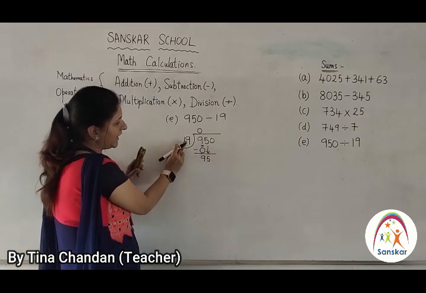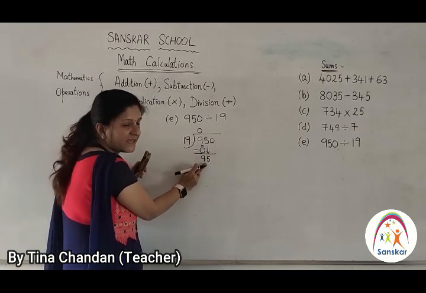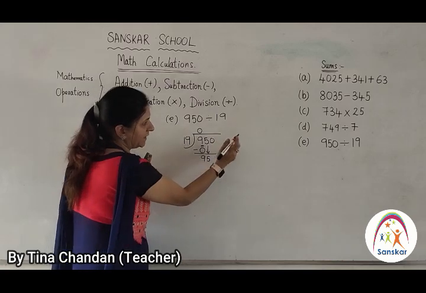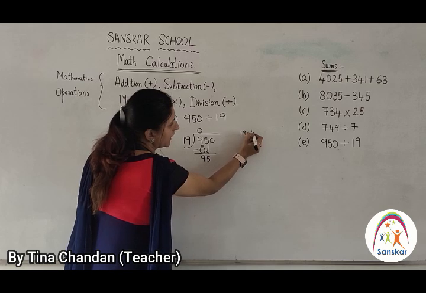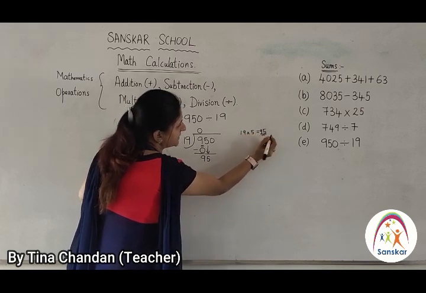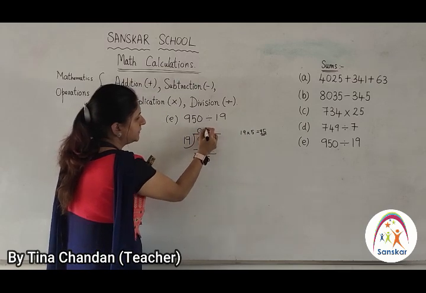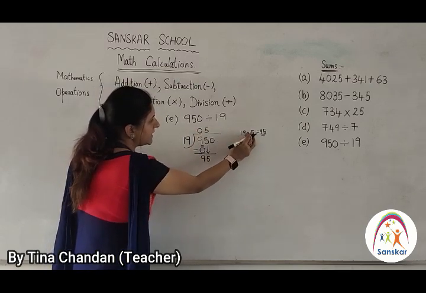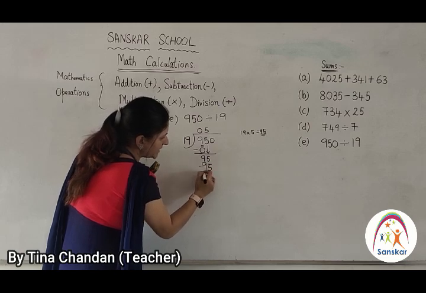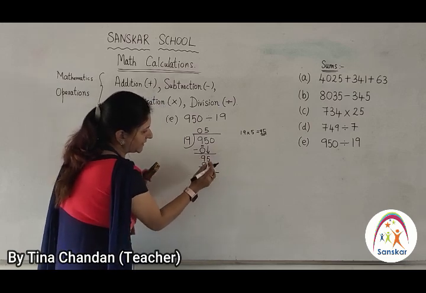Now you have to check in the 19th table, are you getting 95? 19 5s are 95. After getting 95, you are going to subtract these 2 numbers.